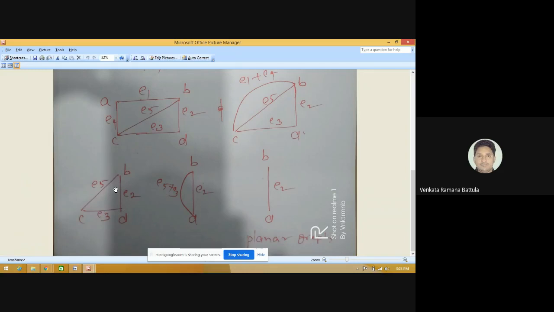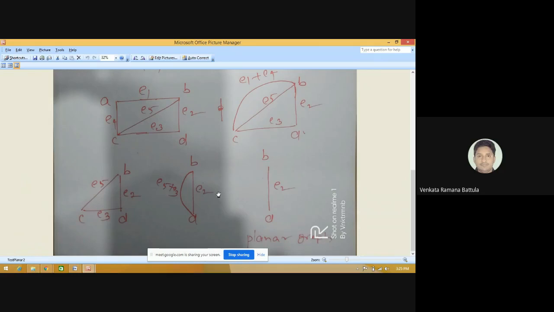Here all the vertices have degree 2. It is up to you; you can take any vertex, but here I am taking vertex B. I can reach D from B through E2 or via C, that is E5 plus E3. Then there is a parallel edge, which you can remove. Then we get a single edge. So you can immediately say that it is a planar graph.